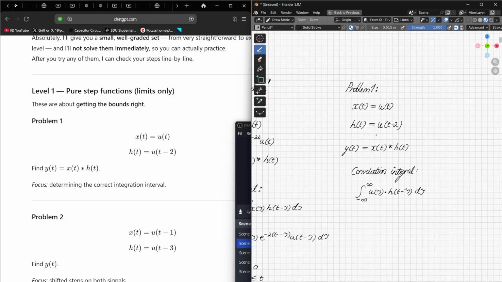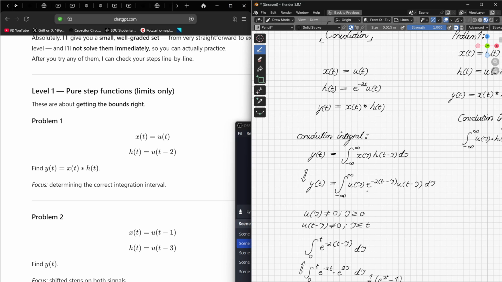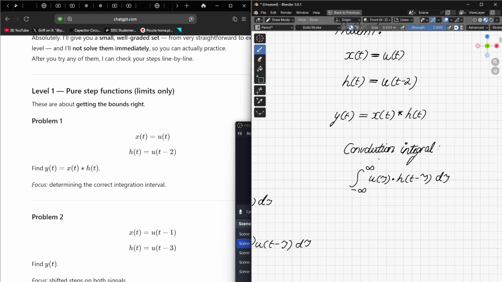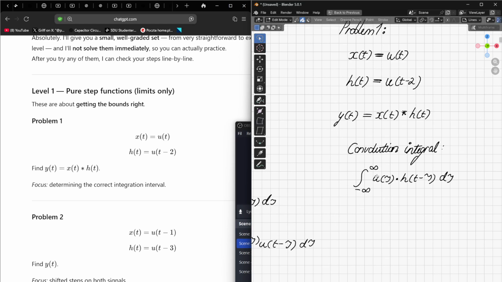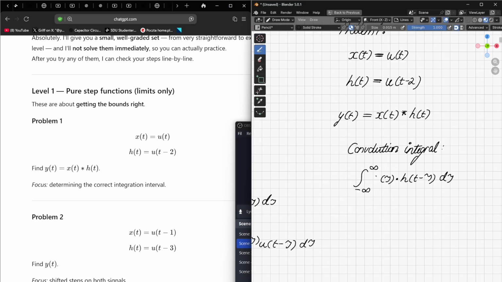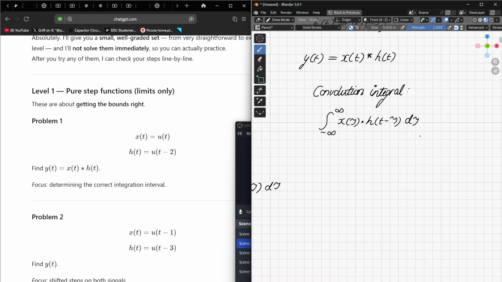Is that correct? Oh, sorry, it's x(tau). Whoops, sorry about that. Always make mistakes sometimes. Okay.